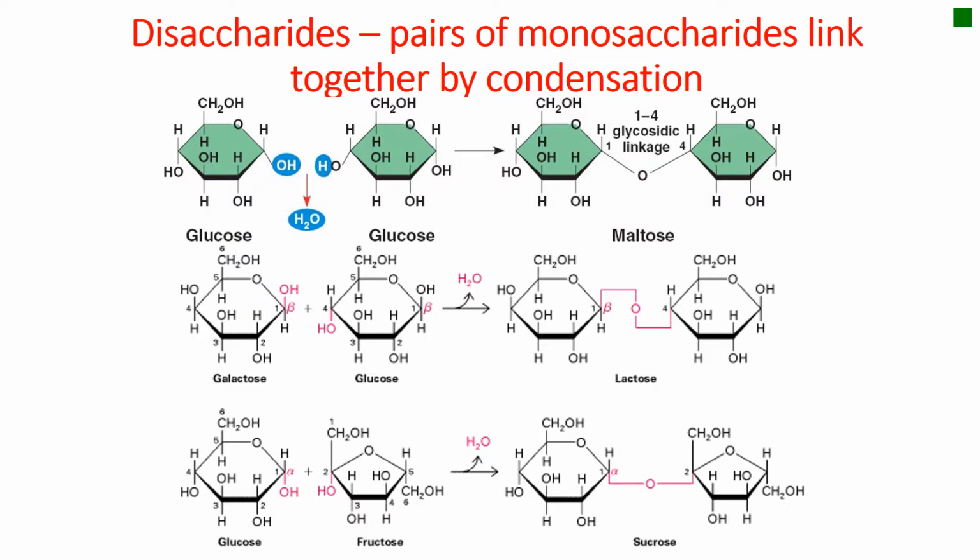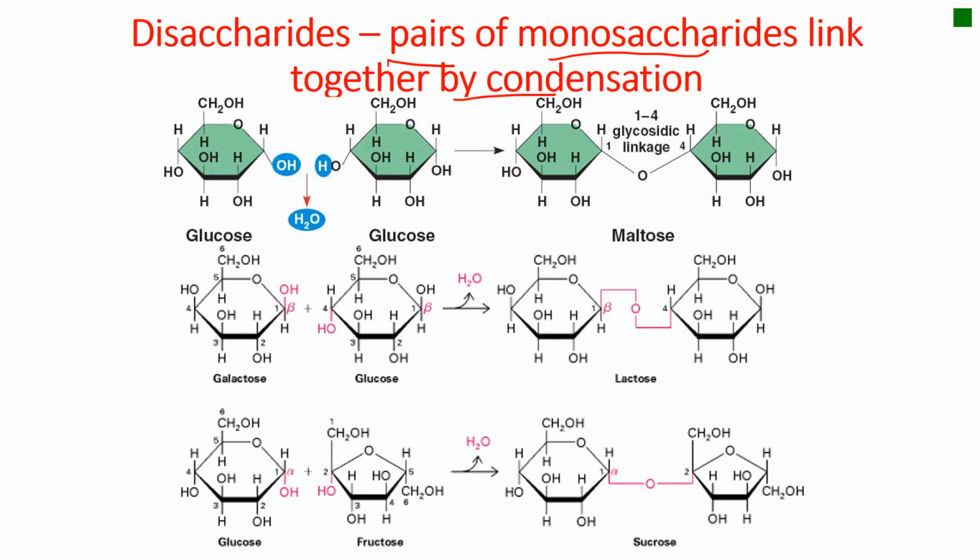As I have explained beforehand, the polymers of carbohydrate consist of disaccharides and polysaccharides. Disaccharides are basically pairs of monosaccharides linked together by condensation. In my previous video, we talked about the condensation reaction, which is a reaction that makes polymers by taking out water, with water as a byproduct.